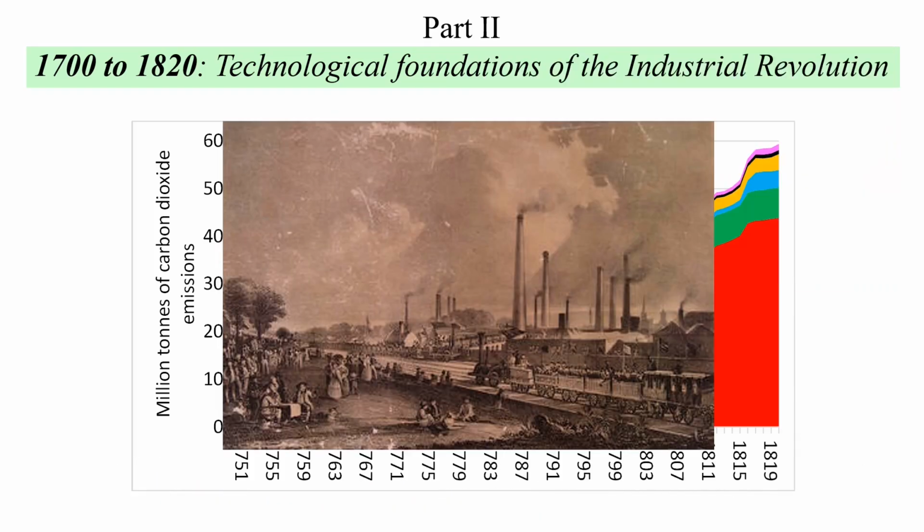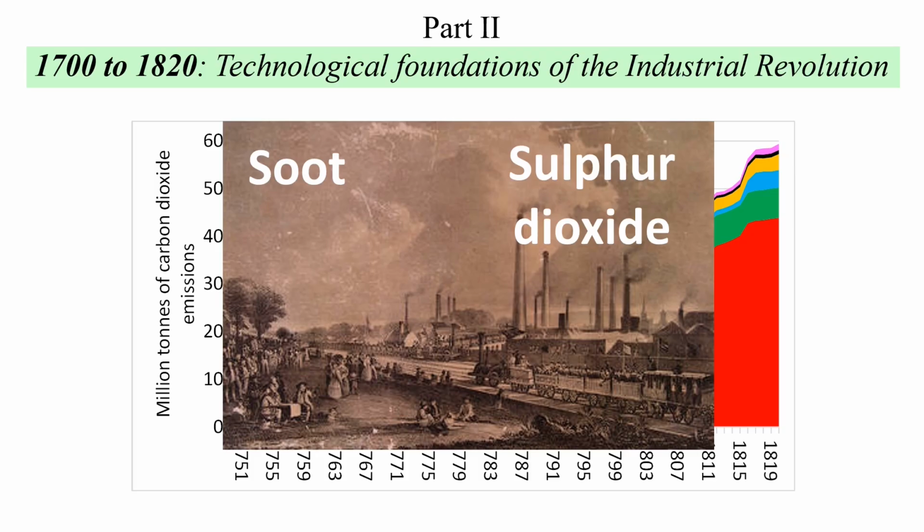At the time, there were worries about smoke pollution from the increased burning of coal, for instance, in factories. Remember, we're dealing with a period when electricity did not exist yet, so smoke pollution would have been something many had to suffer. This pollution caused, among other things, lung problems for both the rich and the poor. Specifically, things like soot and sulfur dioxide released when coal is burnt are harmful to humans.